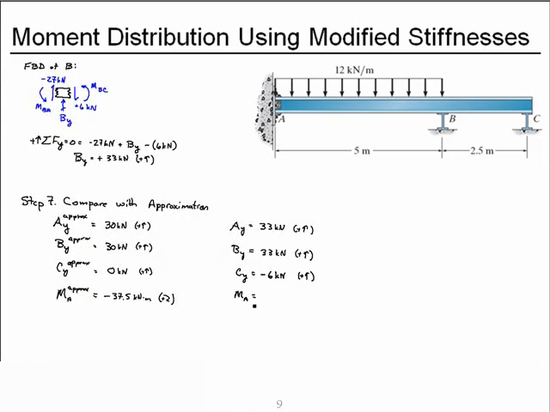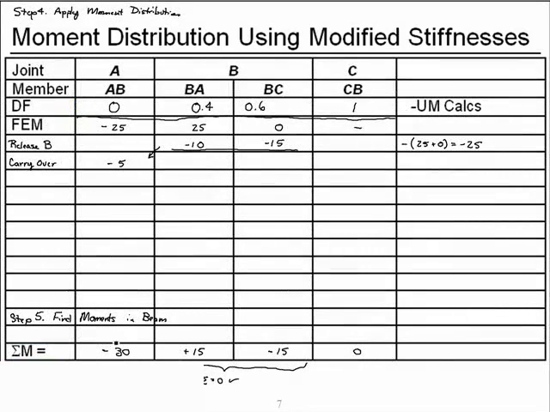And we found the moment reaction at A to be negative 30 kilonewton meters.